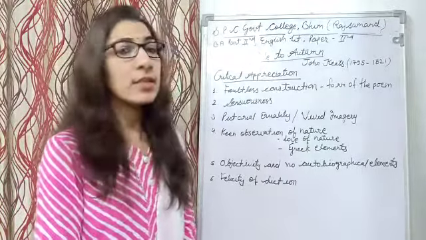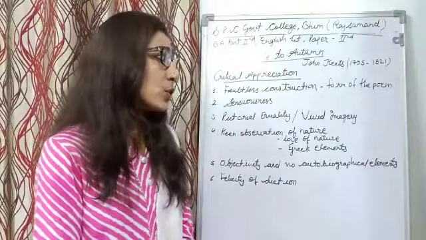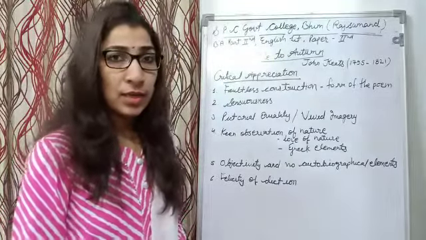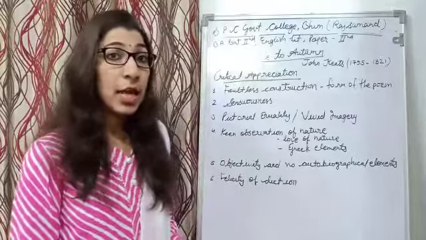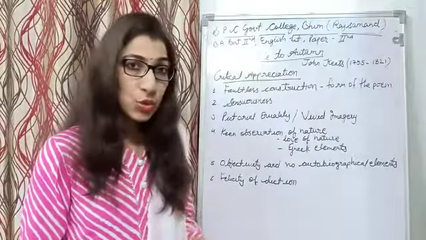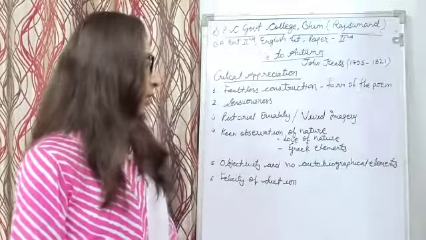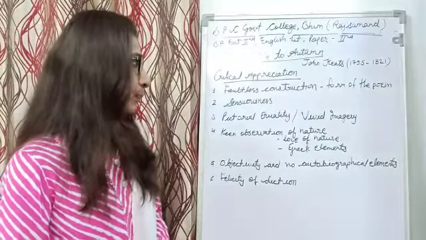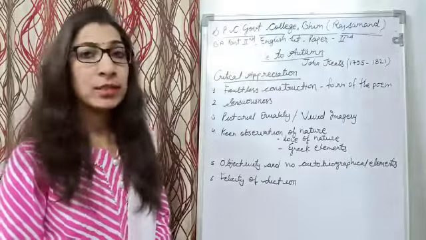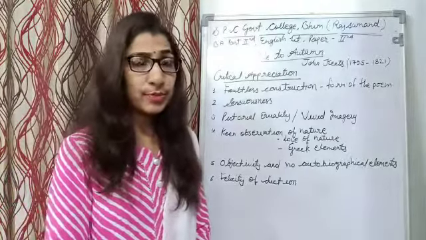It shows Keats' love of nature, and it shows his characteristics as a poet, such as his sensuousness, his love of nature, his pictorial quality, and felicity of expression. Thank you.